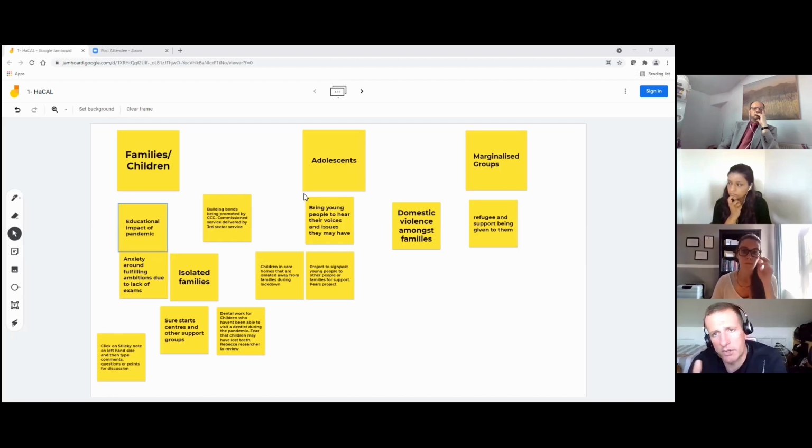Towards the end of the session we were discussing domestic violence among families. Obviously it's been a big issue through the pandemic, with people enclosed in a small environment, and there has definitely been an increase over the last couple of months. Also, support being given to refugees, who can be seen as marginalised or vulnerable groups, was highlighted.